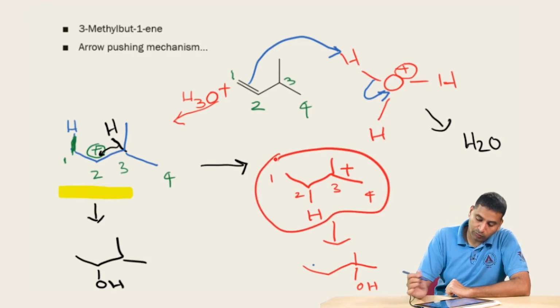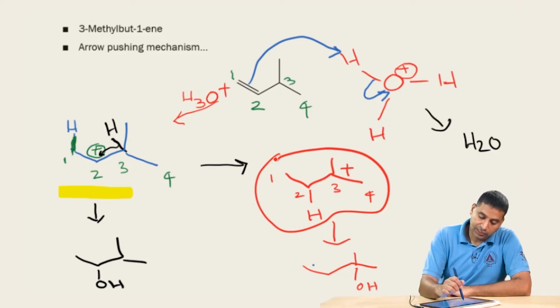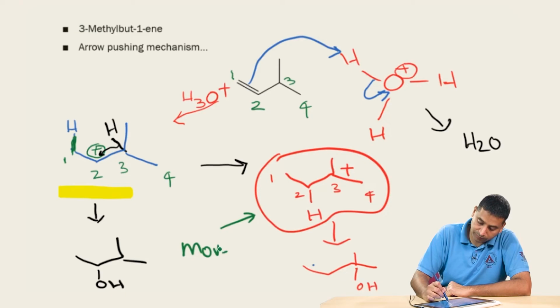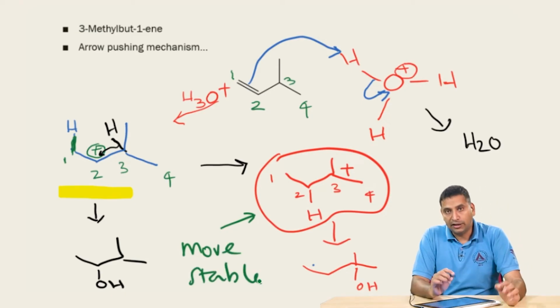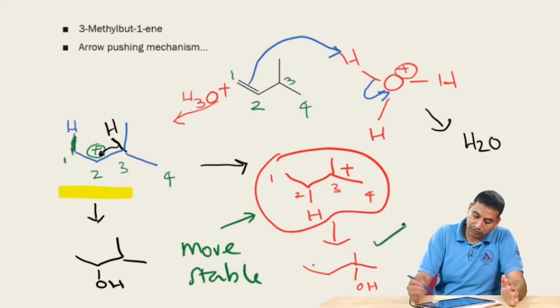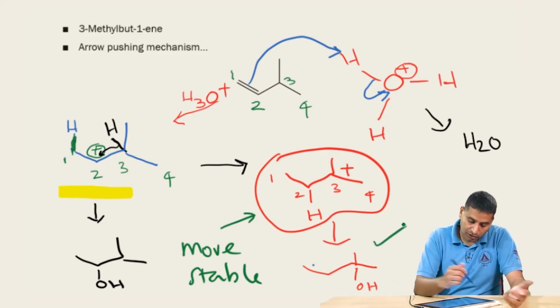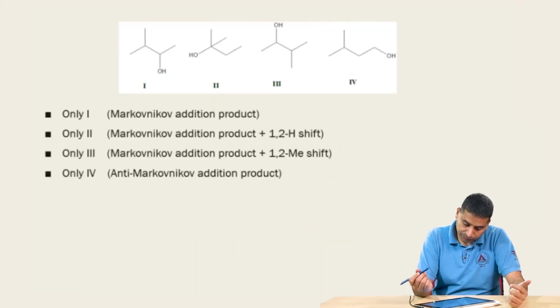Okay. So what I would suggest is that the carbocation formed here is the more stable carbocation, and therefore this would be the major product.